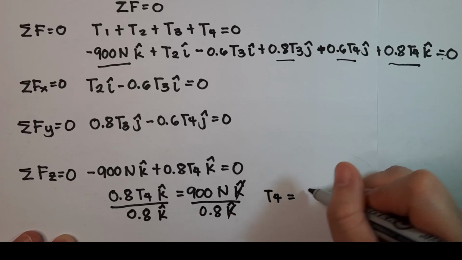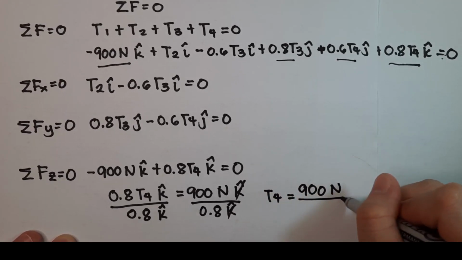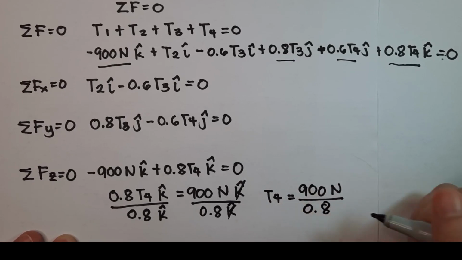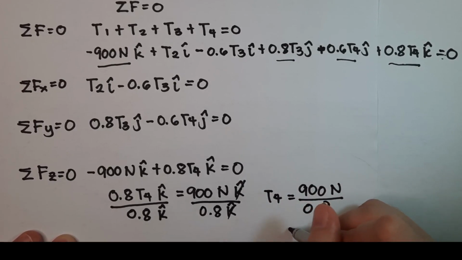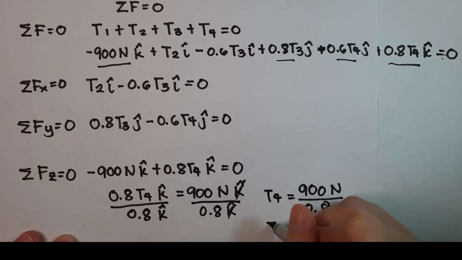T4 is equal to 900 Newton divided by 0.8, so T4 is equal to 1125 Newton.